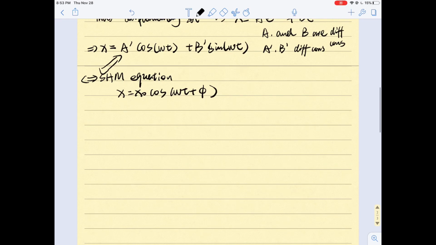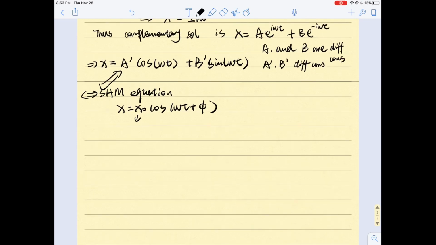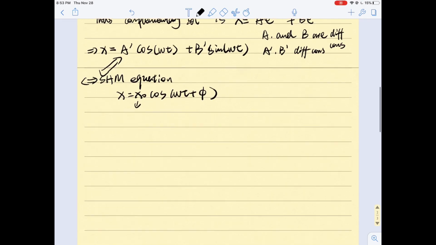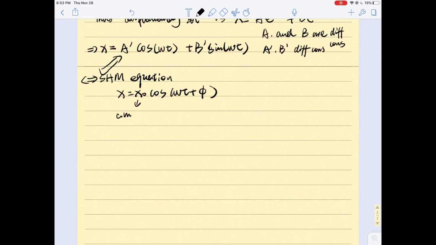Actually, I want to explain this. x0 is the amplitude, omega is the angular frequency, and phi is the initial phase.